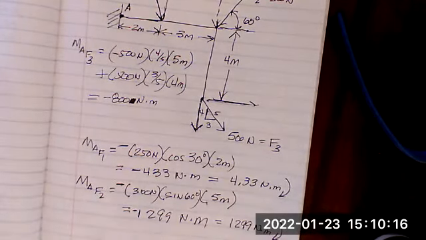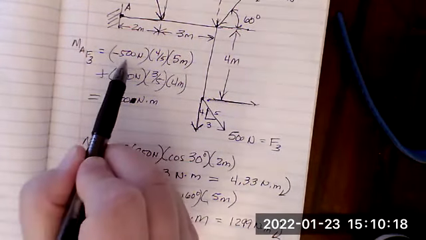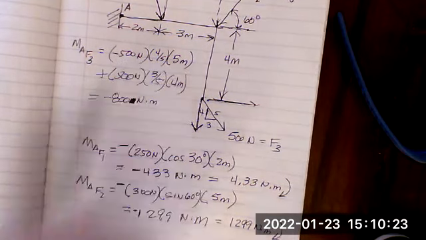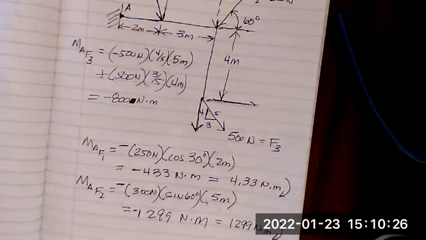So I'm just checking the last one. I think I did something wrong here. I'm just double checking. 500 times 4/5 times 5. All right, so 500 times 4 divided by 5 times 5, negative 2,000, and then 500 times 3 divided by 5 times 4.